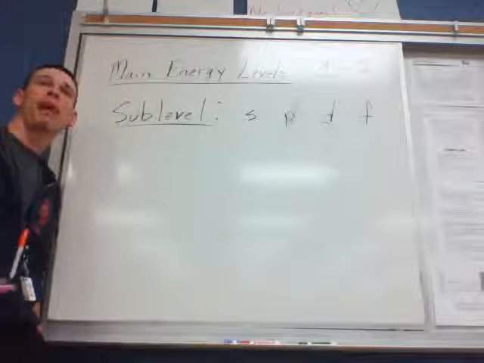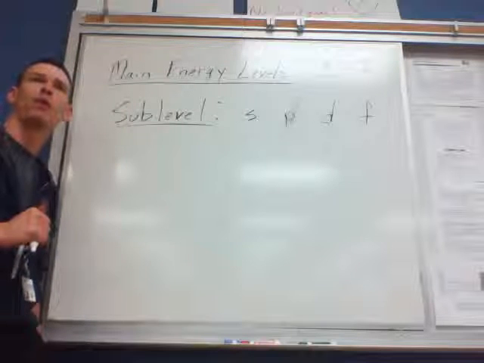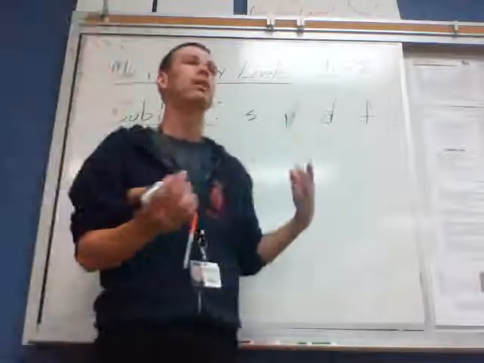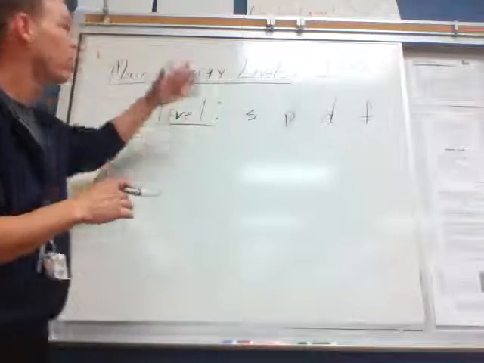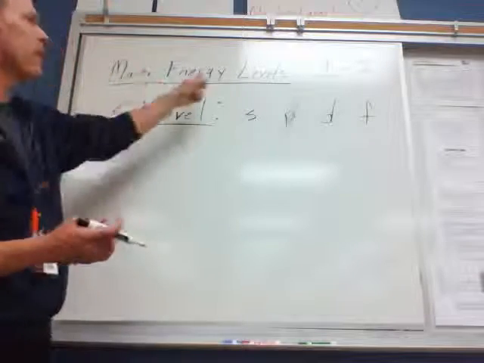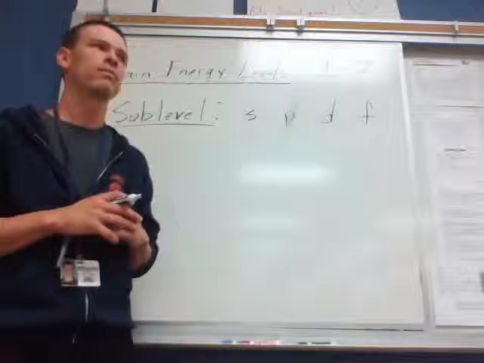If I give you a random element like nitrogen and ask what sublevel nitrogen goes up to, some of your choices will be numbers, but if I ask about the sublevel, the answer can only be letters. I want your brain to start differentiating early, even though you don't know what this stuff means yet. Main energy levels are numbers, sublevels are letters.